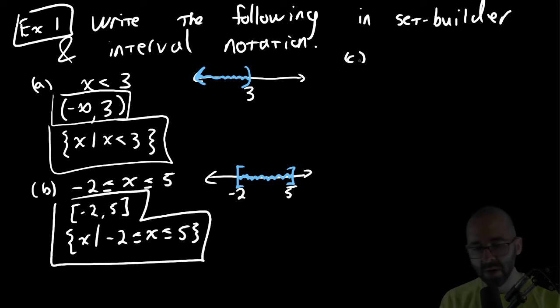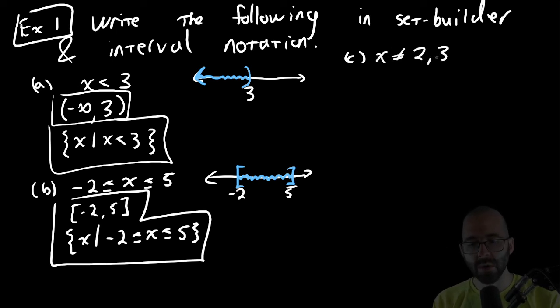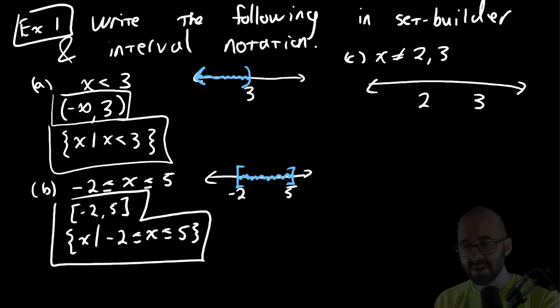We can do one more kind of weird one. X is not equal to 2 or 3. On the number line, let's pretend that's a line, shall we? This is everything except 2 and 3. So it's everything that's less than 2, everything that's bigger than 2 until we get to 3, and then everything that's bigger than 3.